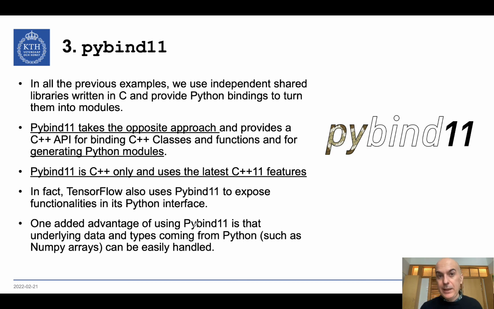PyBind11 is C++ only, so we cannot use C, and it uses the latest C++11 features, some of the advanced features. This also means that your C++ compiler needs to support C++11 in order to use it.